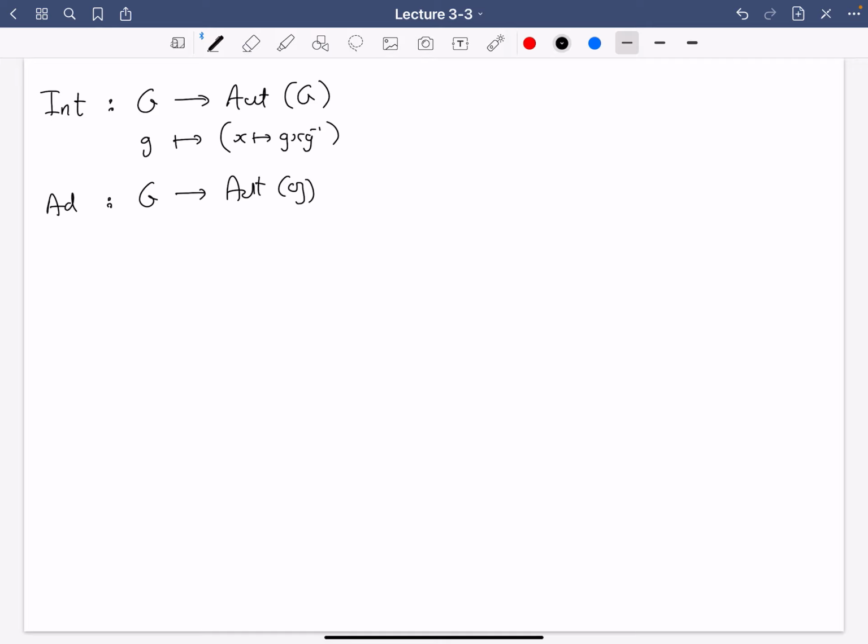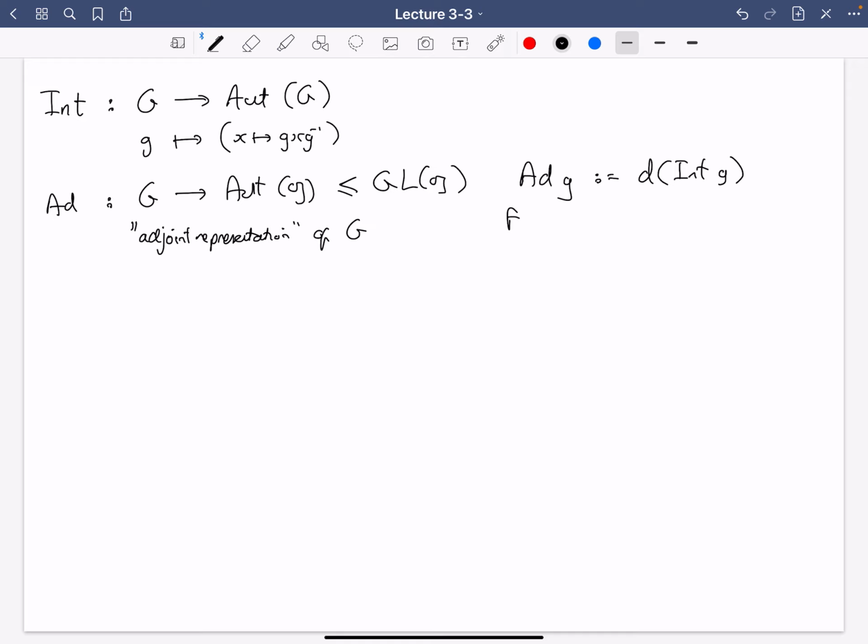Now this time, unlike automorphisms of the algebraic group, automorphisms of the Lie algebra is itself an algebraic group because it's a closed subgroup of the general linear group on that underlying vector space, little g. So this Ad here is called the adjoint representation of the group G. And if you remember, Ad g for a group element little g was by definition the differential of Int g.